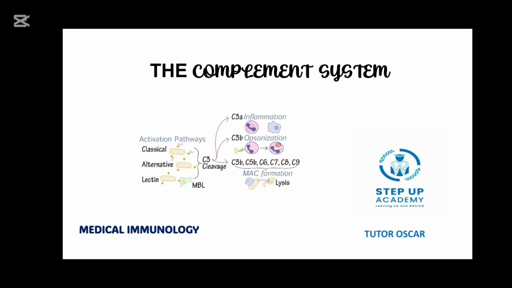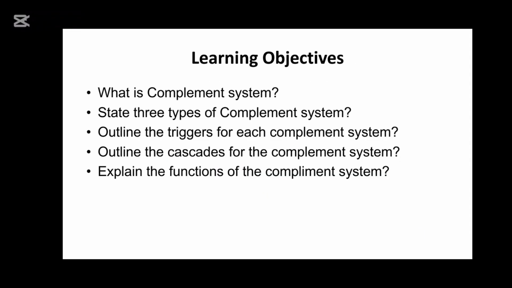In today's session we are going to focus on the following objectives, as these are going to assess our understanding, or rather what we should cover in this tutorial. We should be able to know what the complement system is. We should look at the three types of complement system. We should also outline the triggers for each complement system.